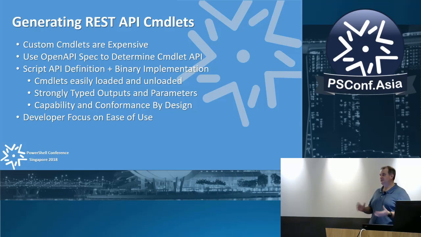And we figured that we can do this for somewhere around 60% of the commandlets. There are lots of commandlets like restarting VMs, removing things, all of the gets that are very, very formulaic, and you can tell what exactly they should look like just from the REST API.